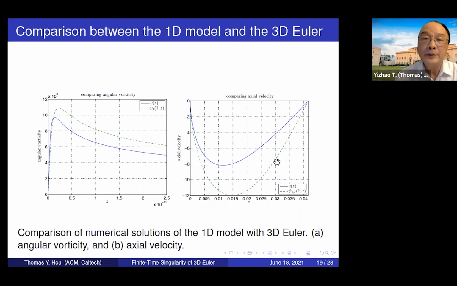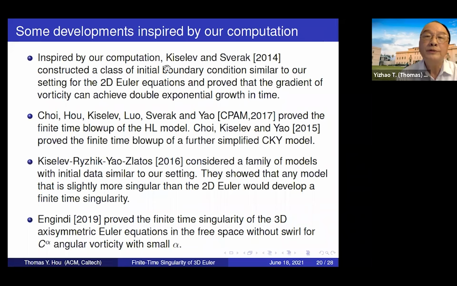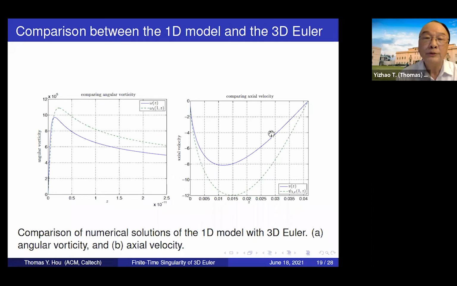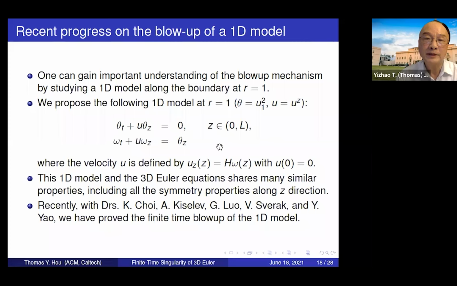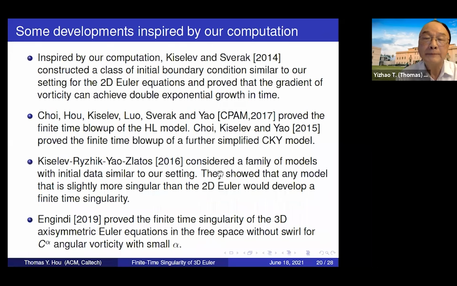Okay, so in the subsequent work, together with Sasha Kiselev and Radimir Zlatos, we were actually able to prove this rigorously. We published in CPAM 2017 a paper that this one-dimensional model actually develops a finite time singularity, and the asymmetry, the scaling property, and some monotonicity of the reduced Biot-Savart kernel played a very essential role in this analysis.